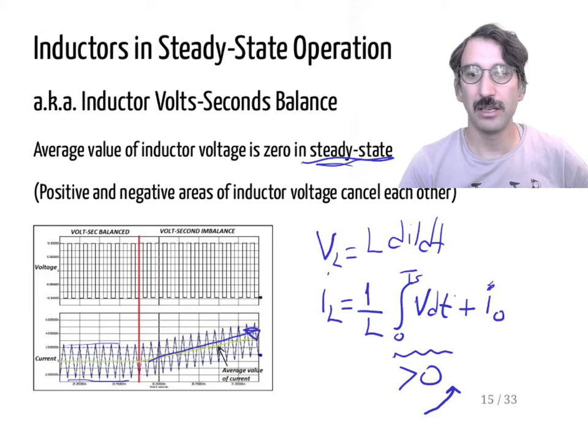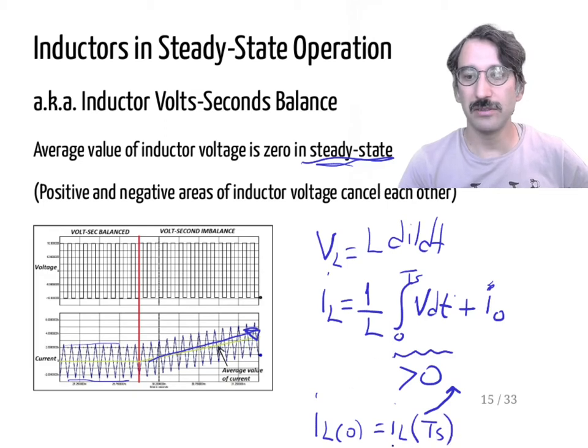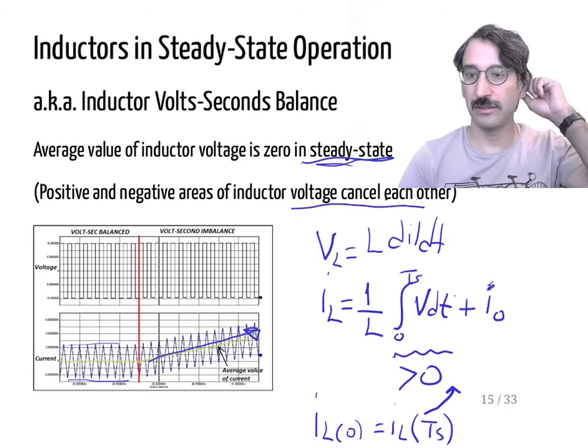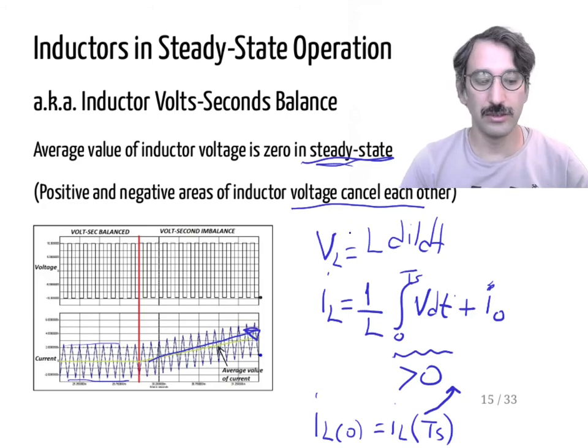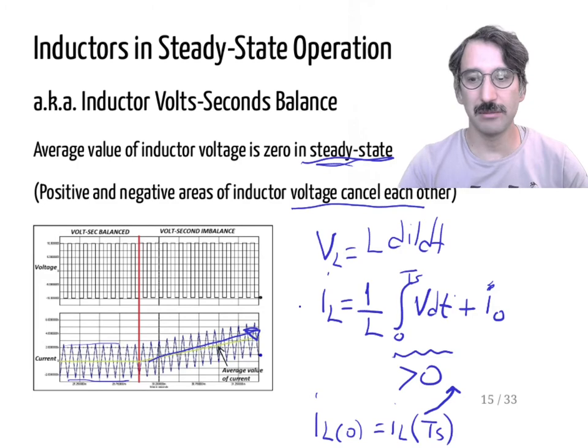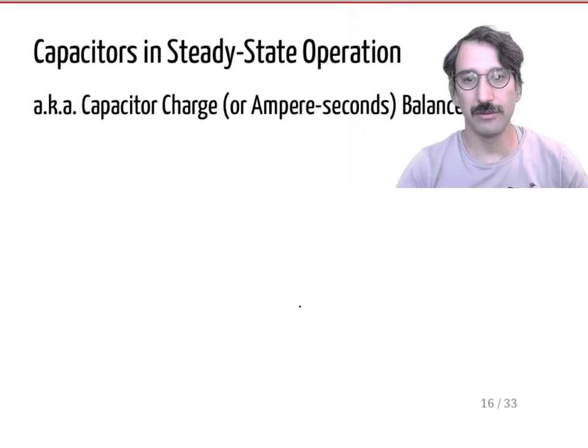Because of that property, if the inductor is under steady state condition, IL0 is equal to IL after some period. That is only possible if the voltage area is equal to 0. In other words, the positive and negative areas of an inductor voltage will be equal to each other. We will see some examples in the following weeks.